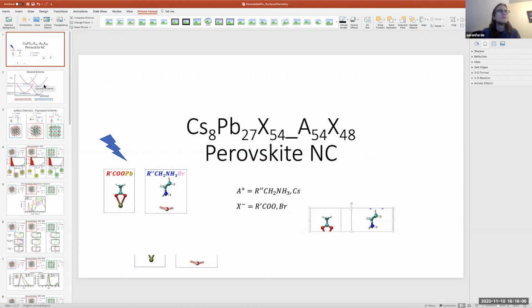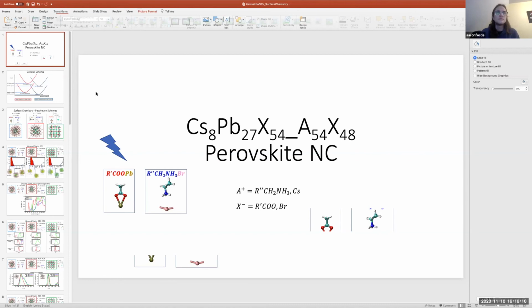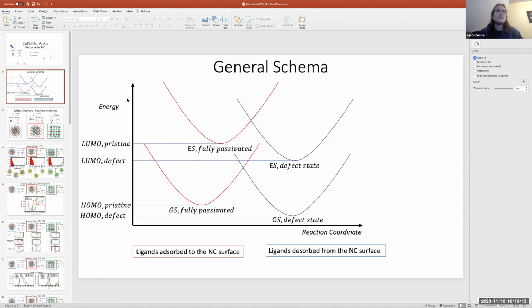And then summarizing this is like potential energy wells. The general schema that I have in mind is that the x-axis is some sort of reaction coordinate where you have changes in bond lengths, and the y-axis is energy.